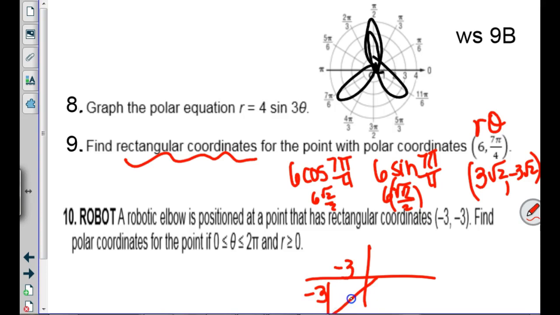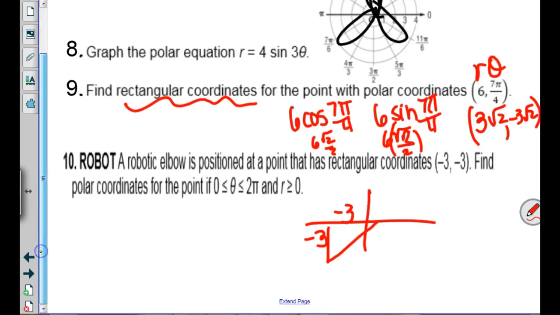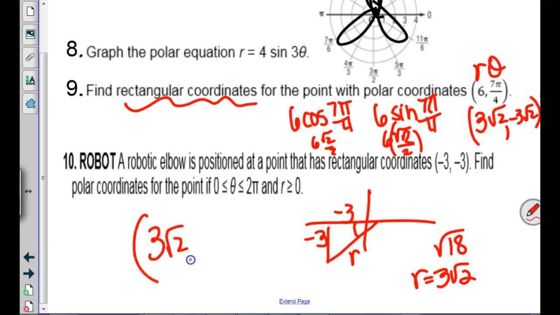How do we find the r and the theta? It's so totally related. Yes, if we do Pythagorean theorem, it comes out square root of 18 or 3 square roots of 2. I really don't care, or you could give me a decimal. I don't remember if it's multiple choice or not. And then if I do inverse tangent, it thinks I'm in the first quadrant.